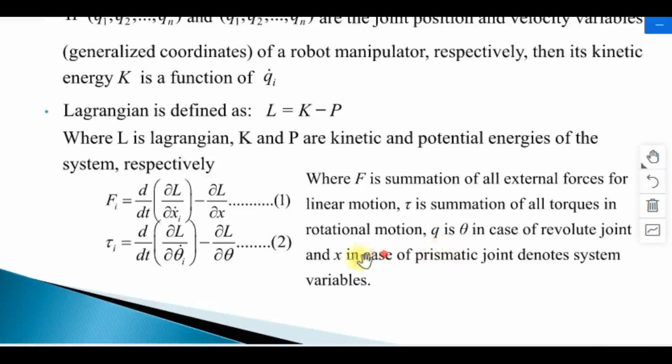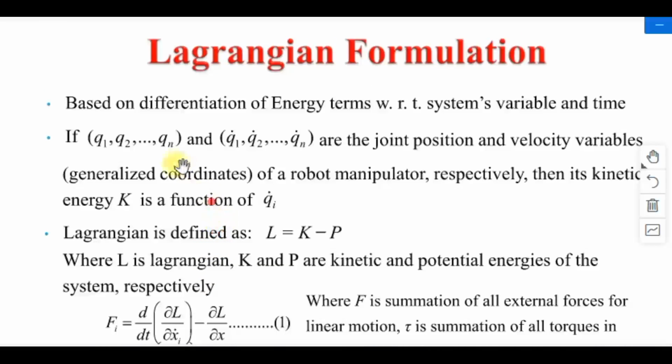So in the case of a prismatic joint, this is X, meaning either 5 centimeter or 10 centimeter, while Q is theta. For Lagrangian formulation, we write Q1, Q2, Qn.